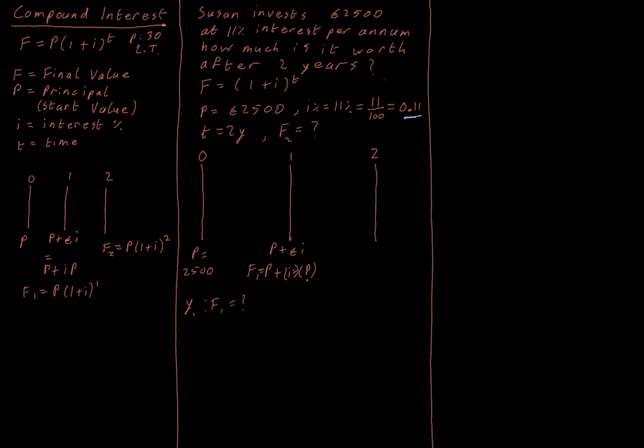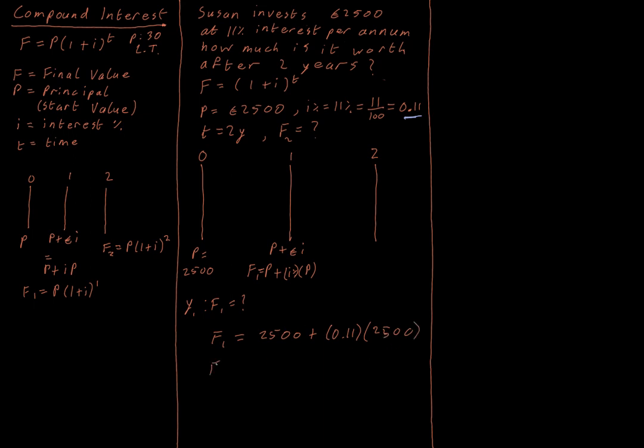And we can see that that comes from what we started with. So final value for year 1 would be what we started with plus 11%, which we've already turned into a decimal. We know we don't do anything with it as a percentage, multiplied by what we put in to begin with.